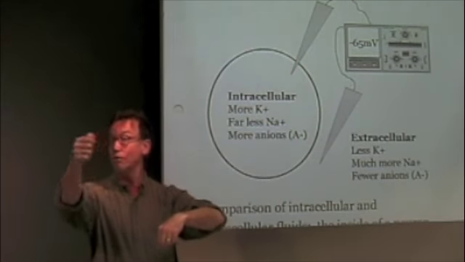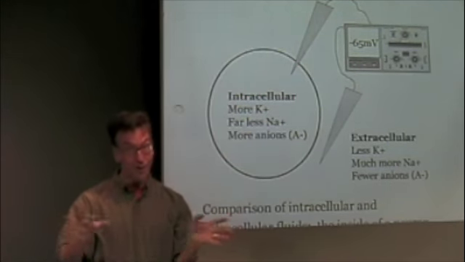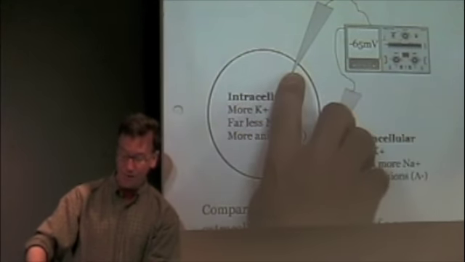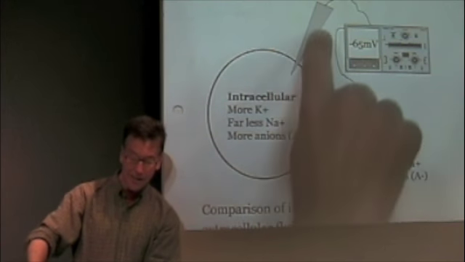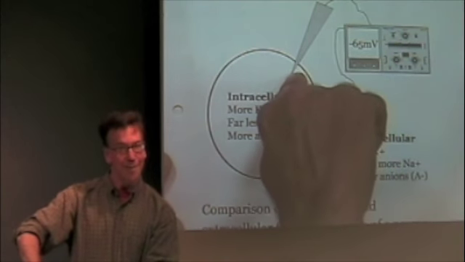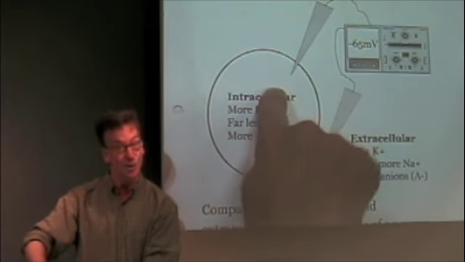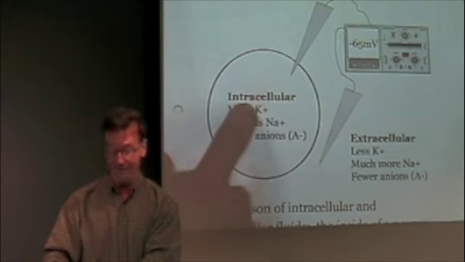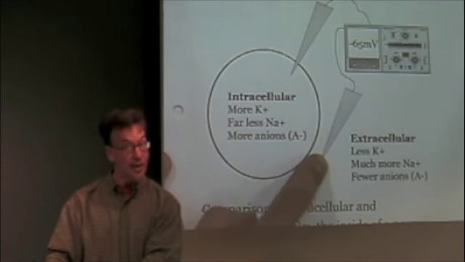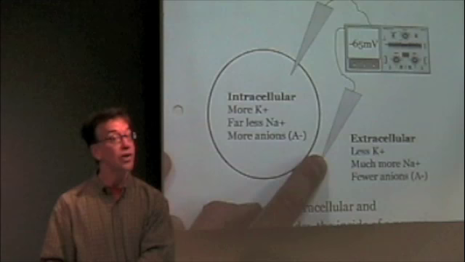A current will move from one location to another. So if we take a little scope here, and we take an electrode, this is a piece of metal, we jam it through the membrane into the intracellular space, where it's more negative, and we have another electrode in the extracellular space, current will start to flow.